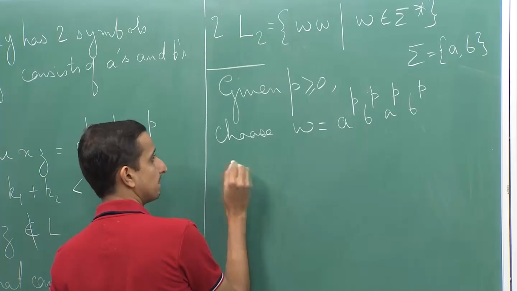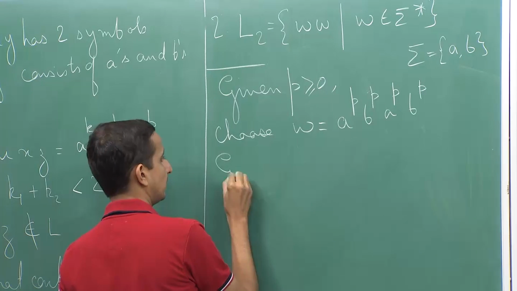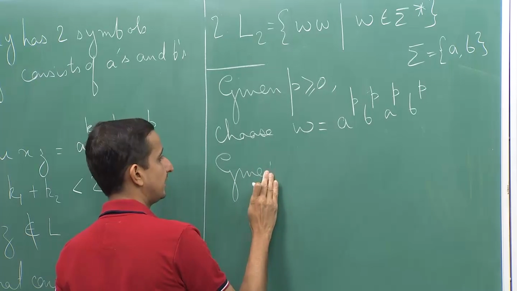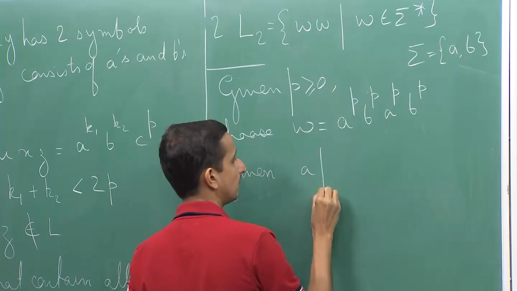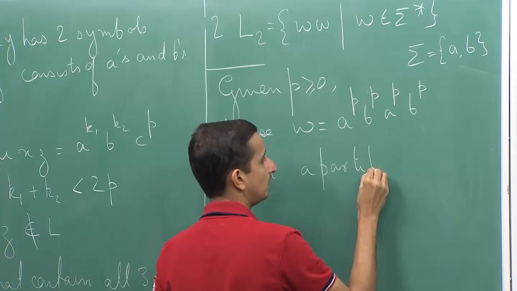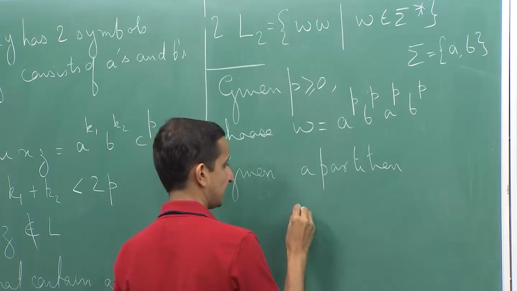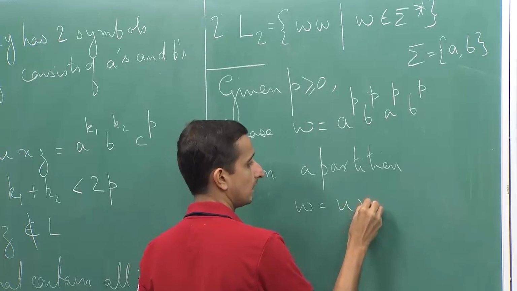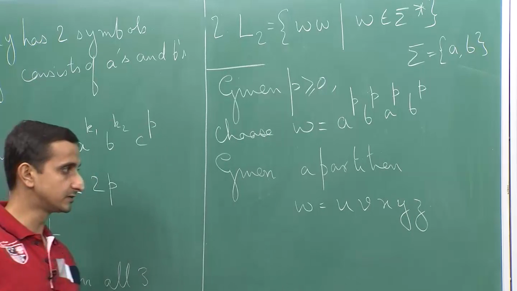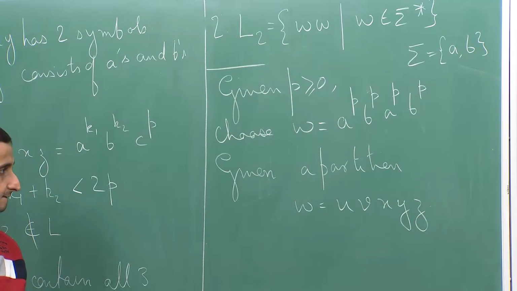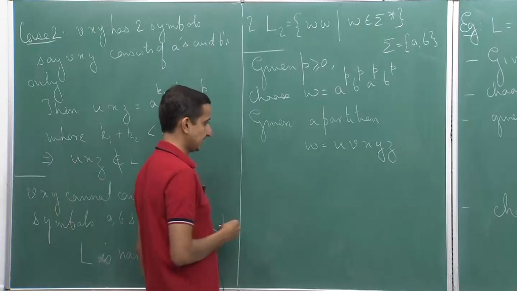Now, given a partition w equals uvxyz, what are the things that can happen?